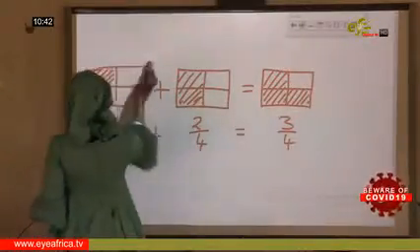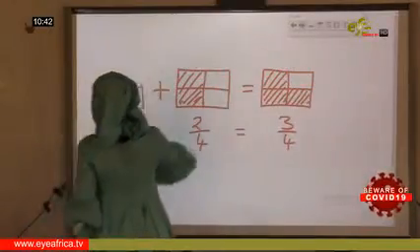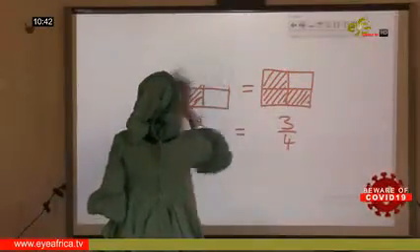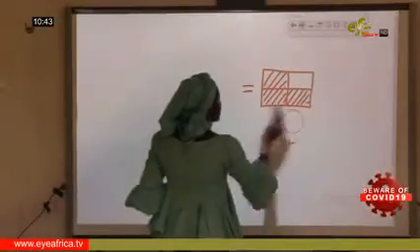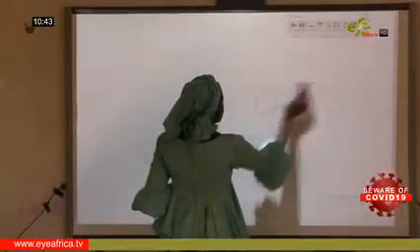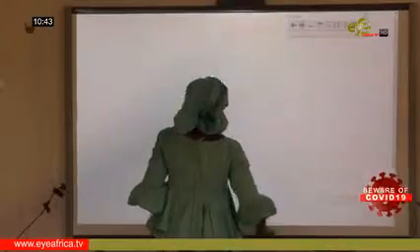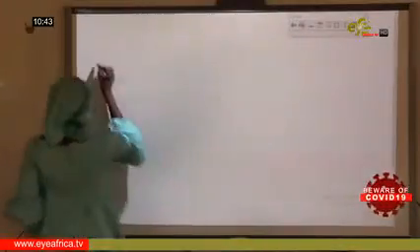The second one reads, that one is 6. That is a whole being divided into 6 equal parts.